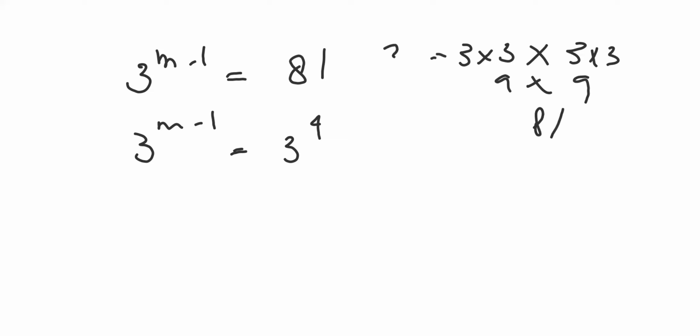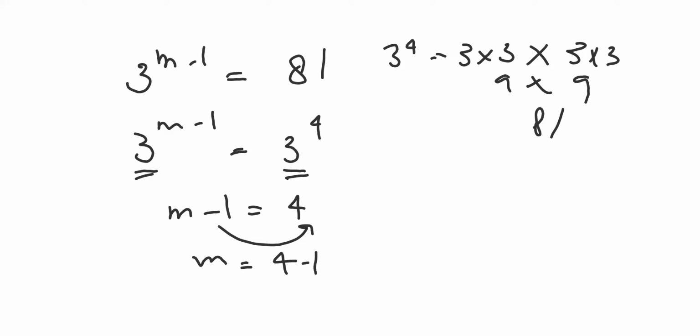So 3 raised to the power 4 gives me 81. Now since my bases are the same, I can equate my powers and I get m minus 1 is equal to 4. Therefore, 1 would be added to the other side, and this would become 4 plus 1 is equal to 5. Now this is how you're going to be involving your indices in your question answers.